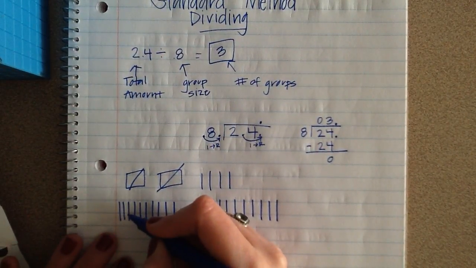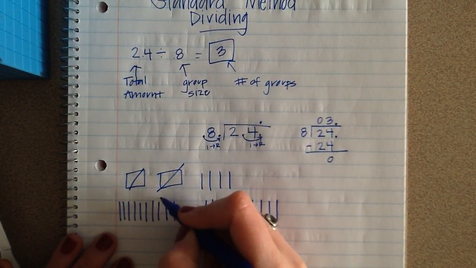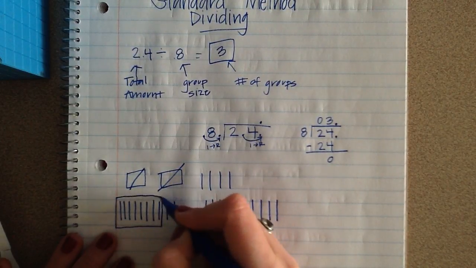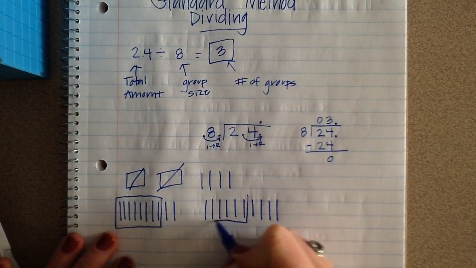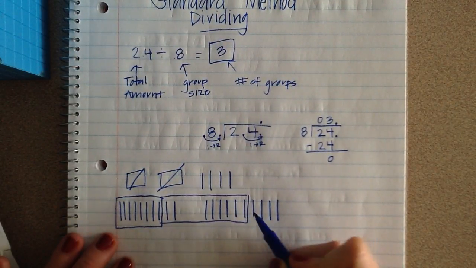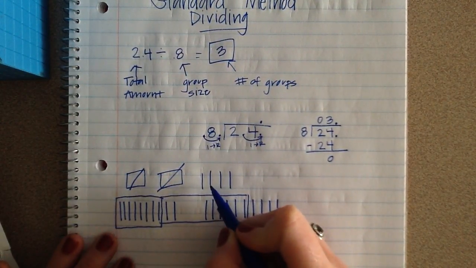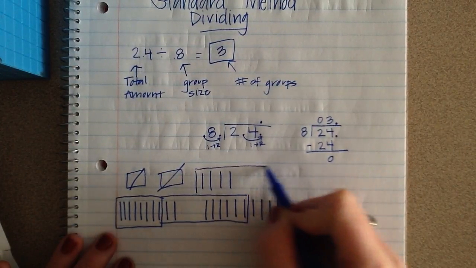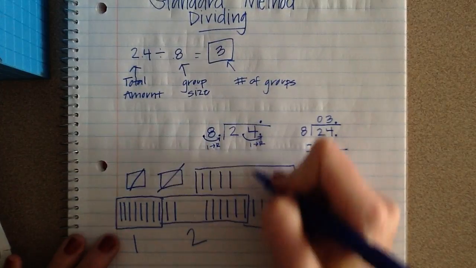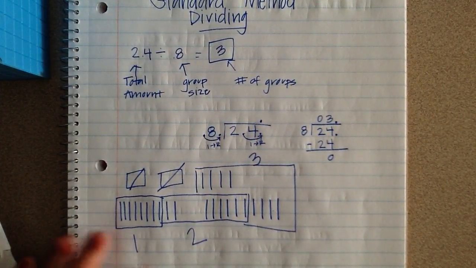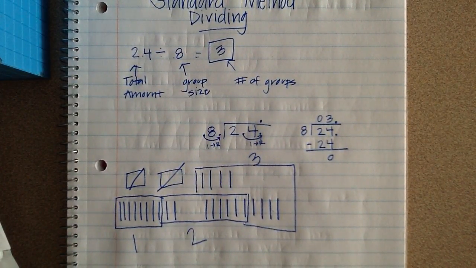So 1, 2, 3, 4, 5, 6, 7, 8. Group 1, 2, 3. So on the test, this would be a great way for you to get a 4.